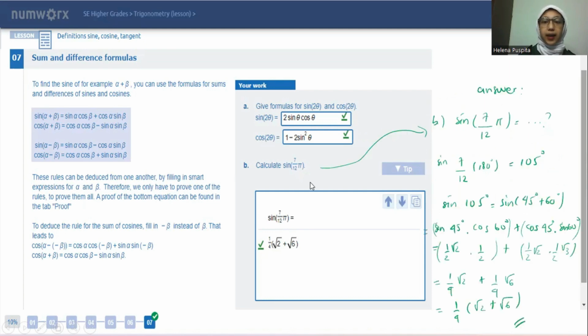Next, calculate sine 7 over 12 π. π is 180 degrees. Sine 7 over 12 times 180 degrees equals 105 degrees.